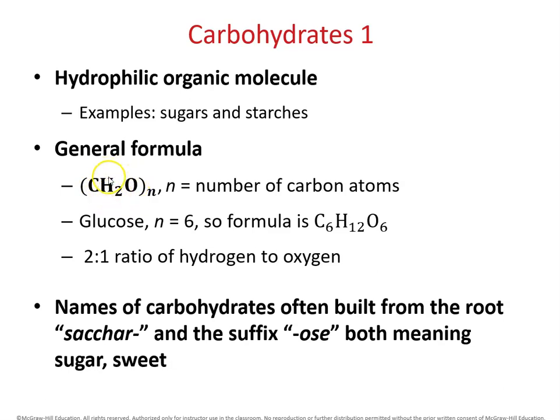And we'll have twice as many hydrogens as oxygens and about twice as many hydrogens as carbons. So glucose is one that we talk about a lot, and it has 6 carbons, 12 hydrogens, and 6 oxygens. So you see how that rule applies. We have double the amount of hydrogens as the other two.